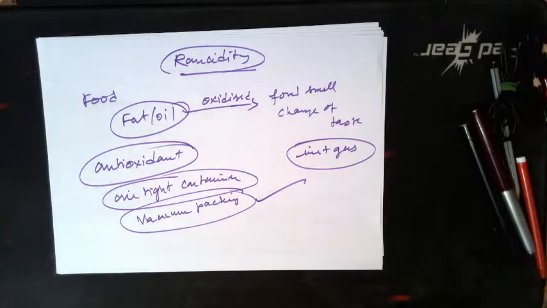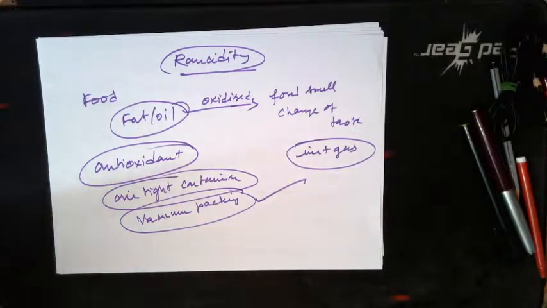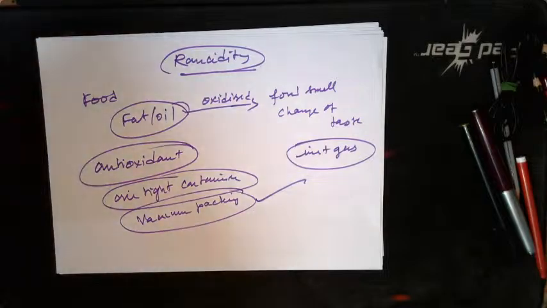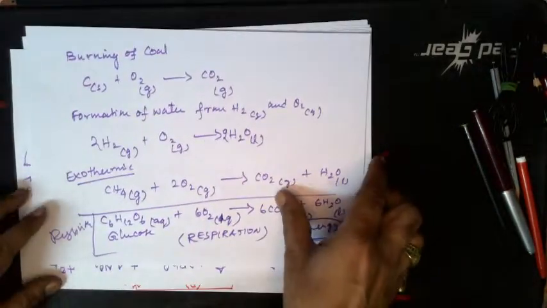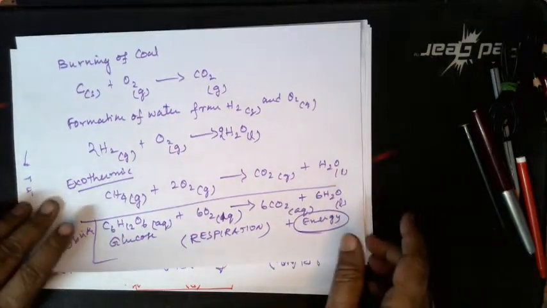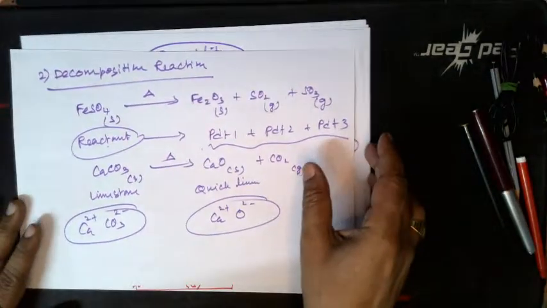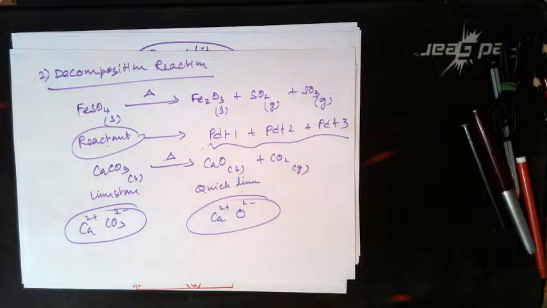Okay, so shall we have some quiz? Right, get ready. What are the different types of chemical reactions? Combination, decomposition, displacement, double displacement, redox reactions.